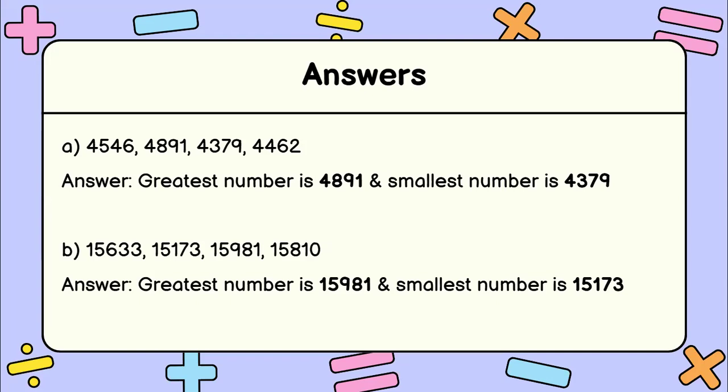Let's see the B sequence now. 15,633, 15,173, 15,981, and 15,810. Let's skip the 10,000s and thousands place because it's 15. Let's see the hundreds place now.